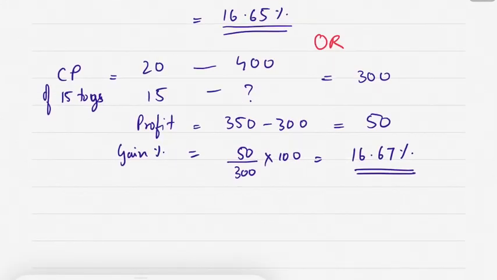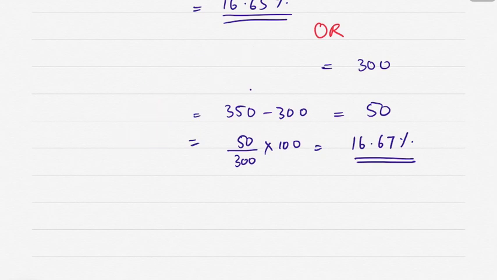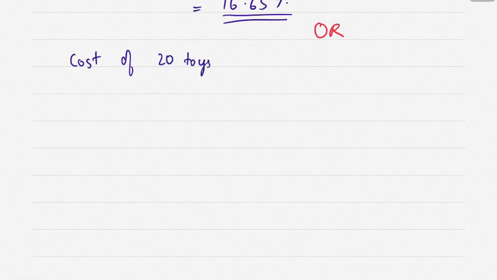I'll write this in a better way. So cost of 20 toys is rupees 400.